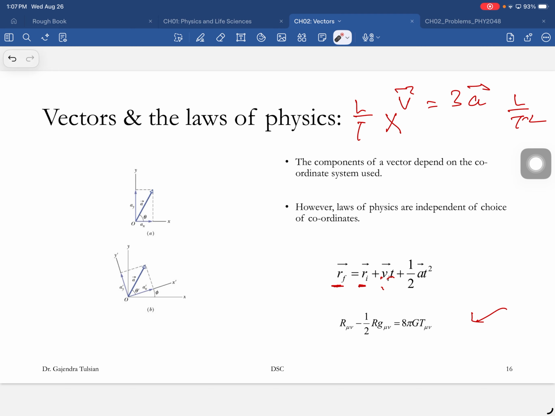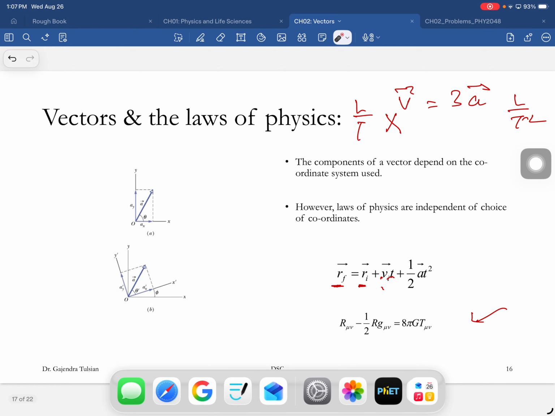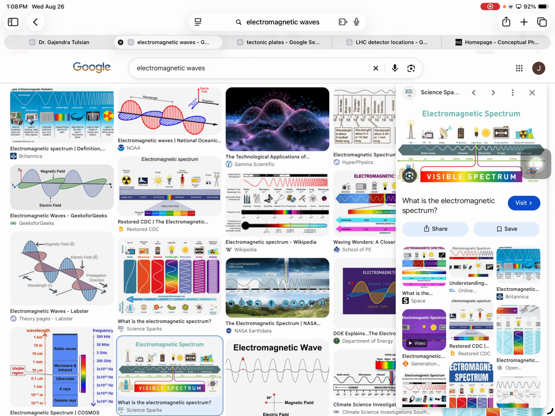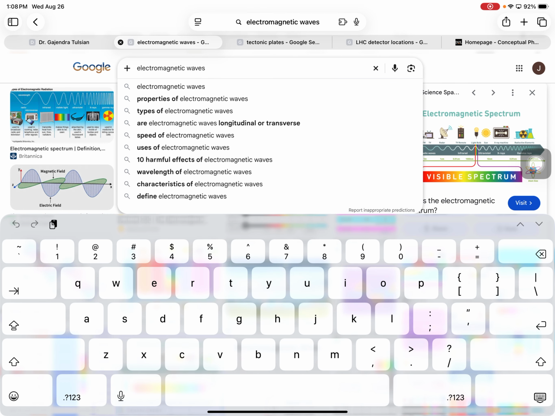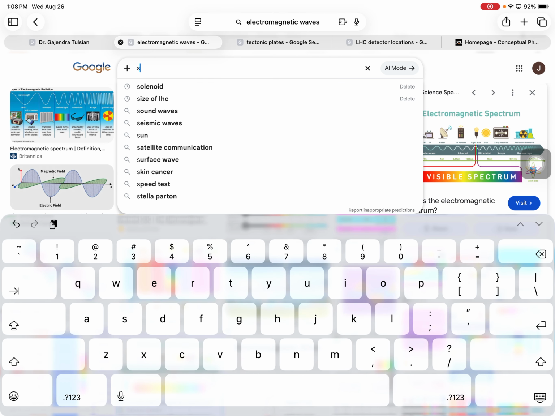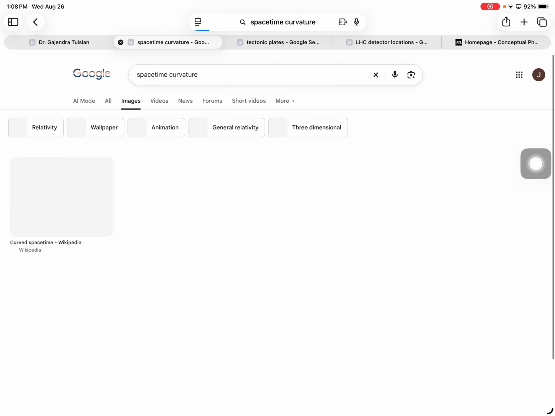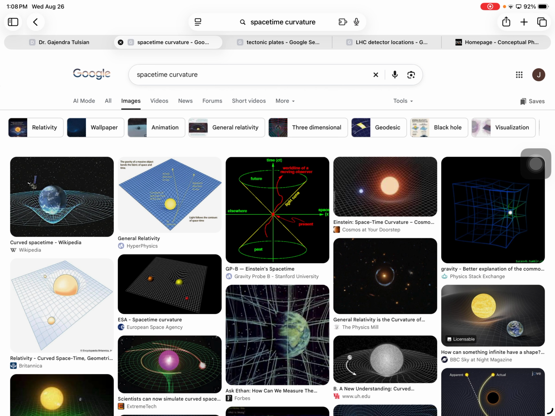So what Einstein says is, if Earth wasn't there, space-time would be flat.